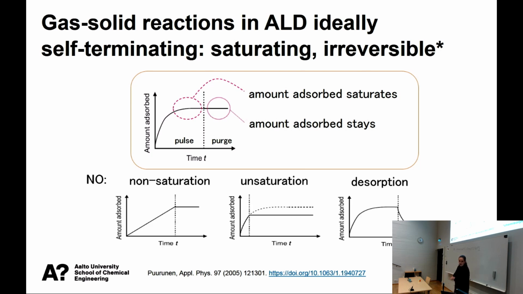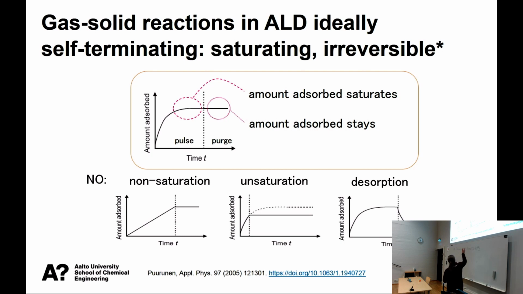So you do not do ALD growth through reactions that would not saturate. That's the first example there. So there the amount adsorbed would not settle to any value. It's not adsorption controlled, but it would be controlled by time. This is the typical CVD, chemical vapor deposition case. So even though ALD is one variant of chemical vapor deposition, it is its specific type. So the typical CVD would be continuous with time. ALD is not.